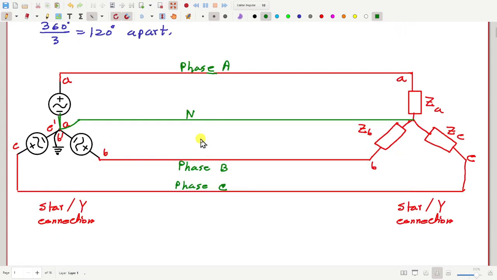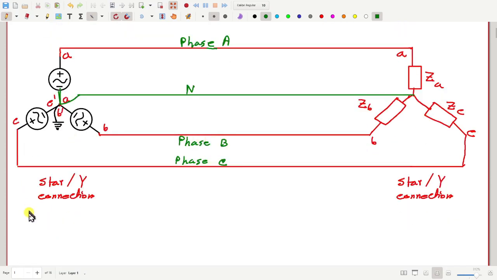Based on that, we have two types of systems. One is called four-wire system, so neutral is present, and we can also have three-wire system where neutral is absent.